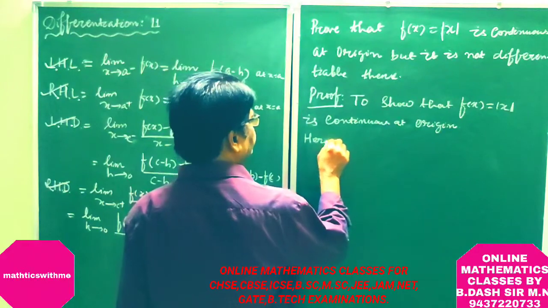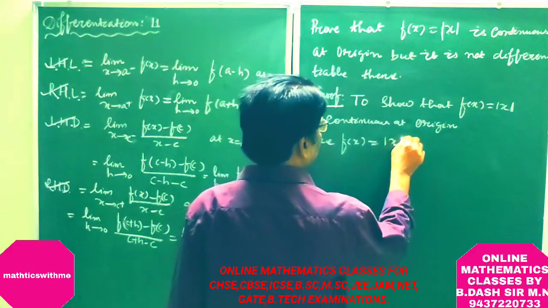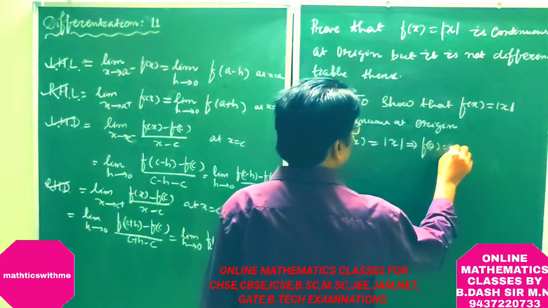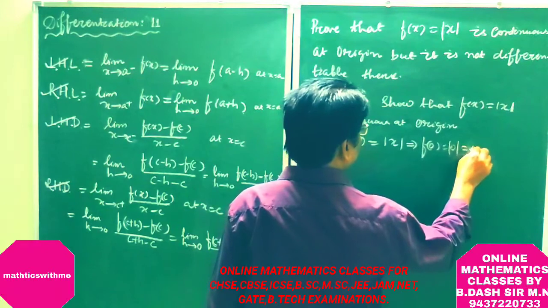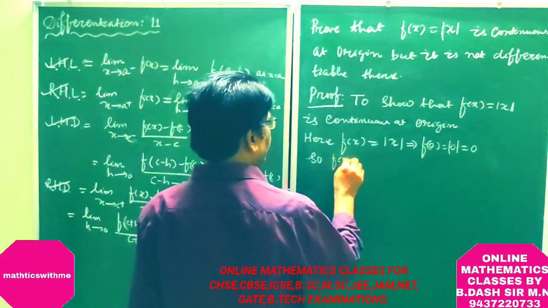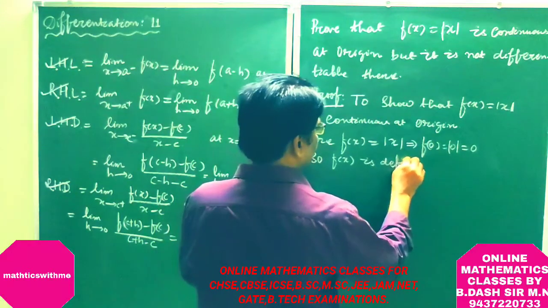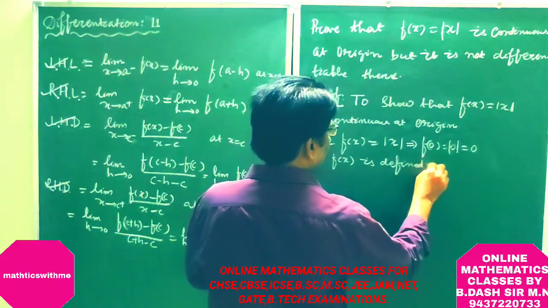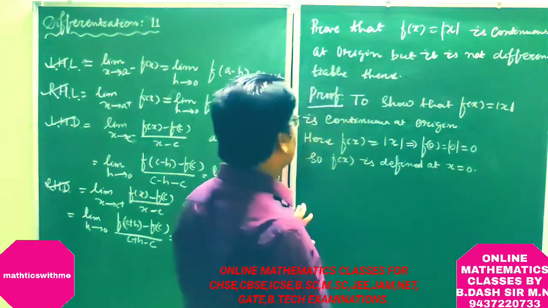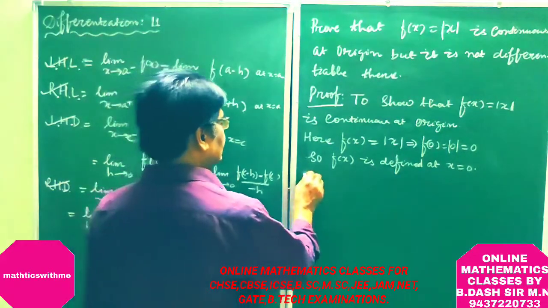Here f(x) = |x| implies f(0) = |0|, which is equal to 0. So f(x) is defined at x = 0. So the first condition of continuity is now verified.